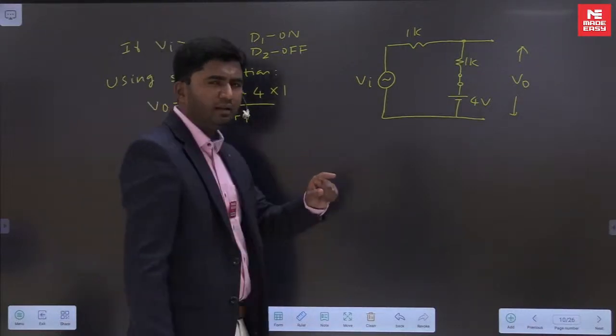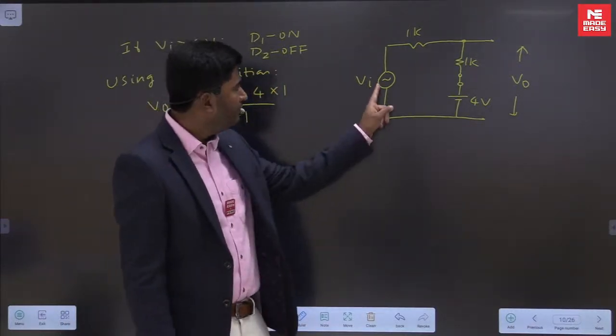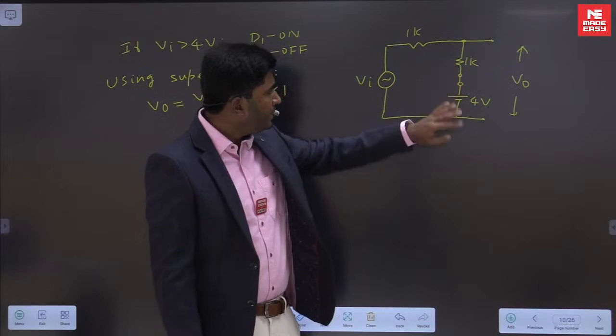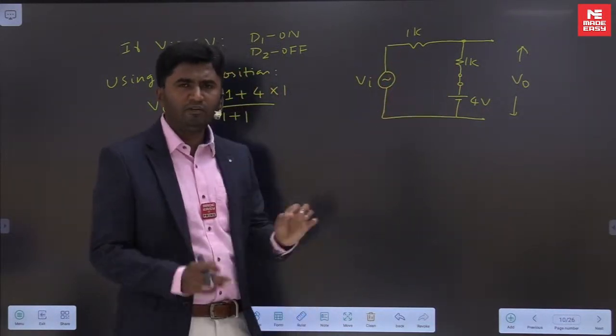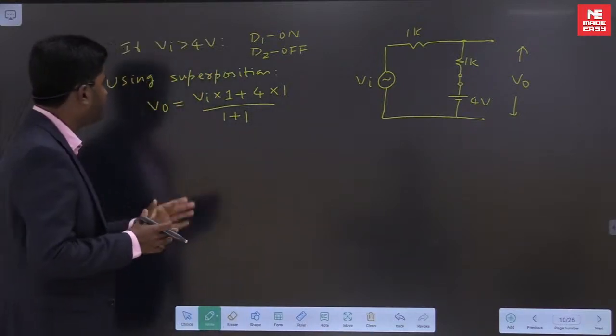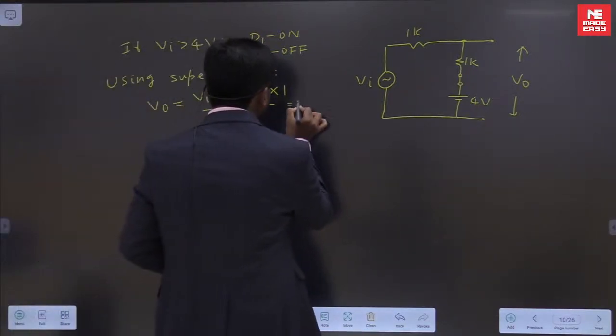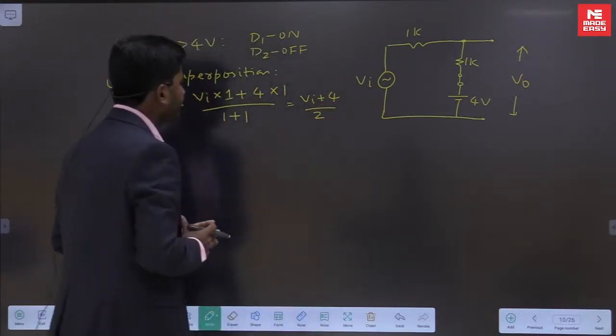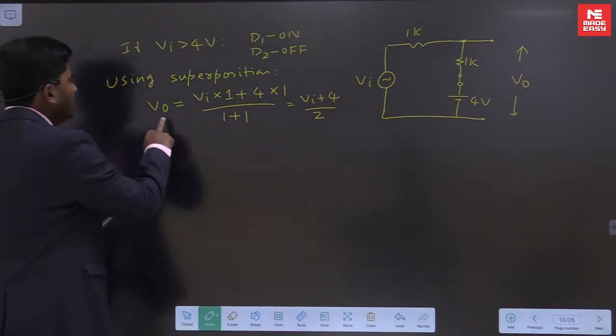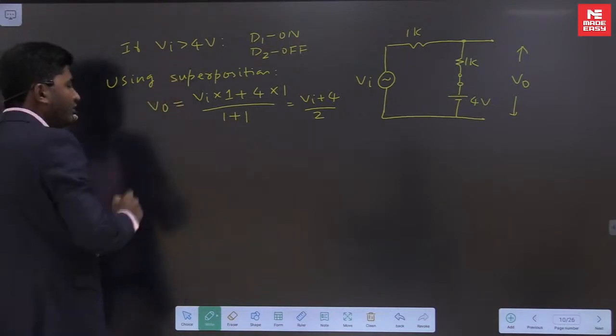I hope everybody remembers the superposition formula: V1 into R2 plus V2 into R1 by R1 plus R2. I have applied that superposition formula here. V0 will be this much. It is like Vi plus 4 divided by 2.